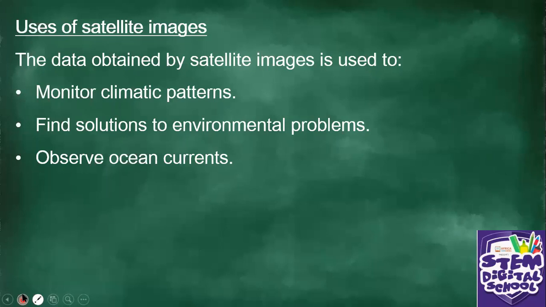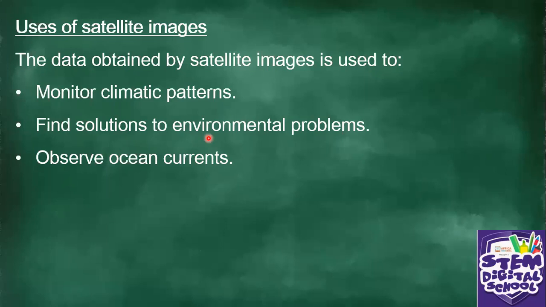And in 2020 now, there are fewer trees. What's happening? So when scientists collect the information from those satellite images, they are able to find solutions. They have to find out the reason why deforestation is taking place in that area and come up with solutions.